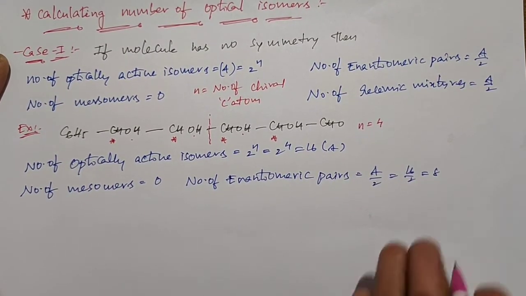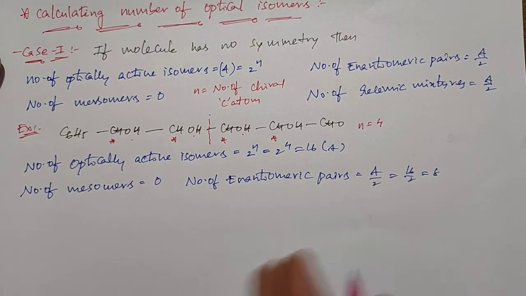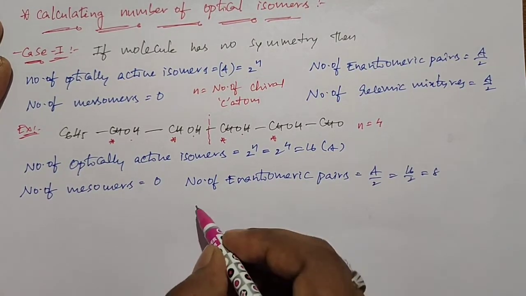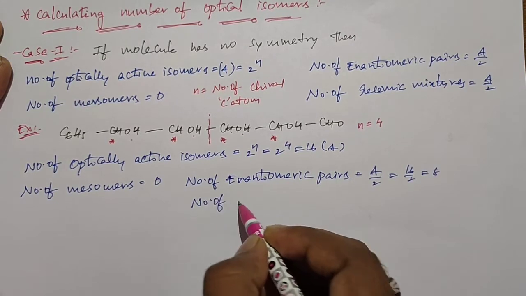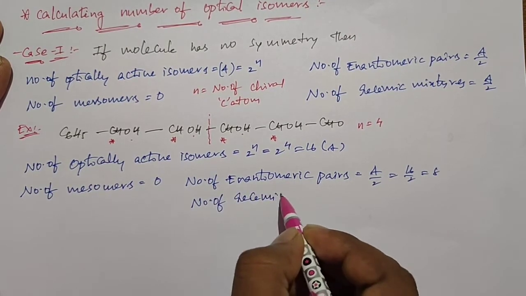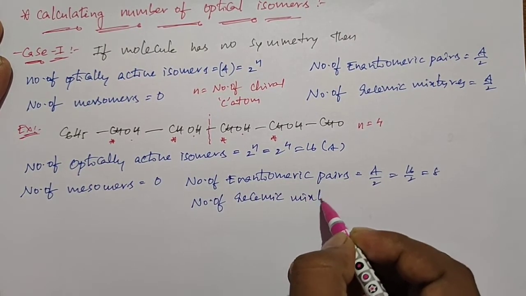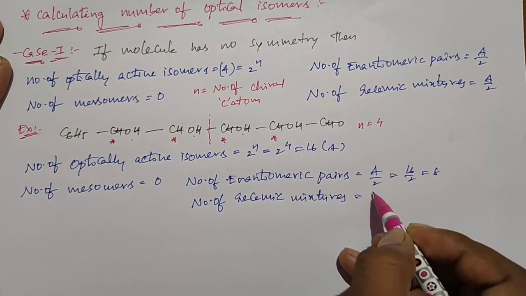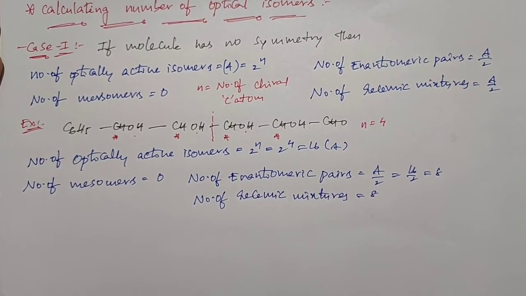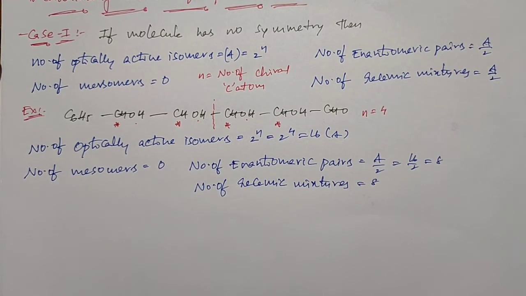At the same time, the number of enantiomeric pairs is equal to the number of racemic mixtures, so the number of racemic mixtures also is equal to 8. Okay, this is about calculating the number of optical isomers when the given molecule has no symmetry.